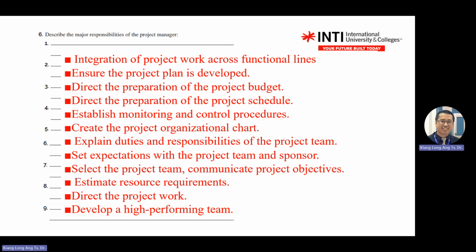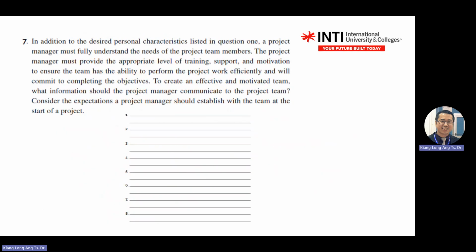Monitoring is control procedures. You communicate with the team and sponsor, because you are in the middle of your sponsor and your functional groups. All right, this one. So if this kind of question comes out, you don't need to give 9, maybe 5 or 6 responsibilities. Elaborate. Elaborate.